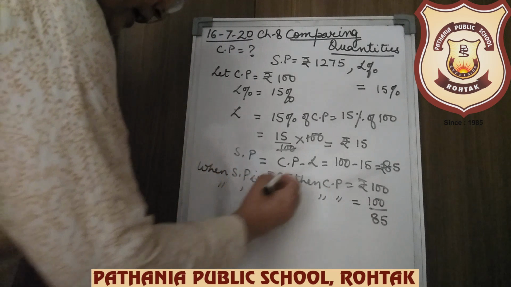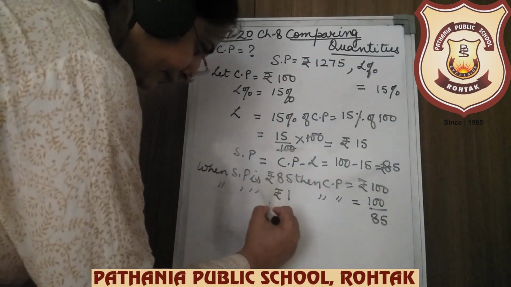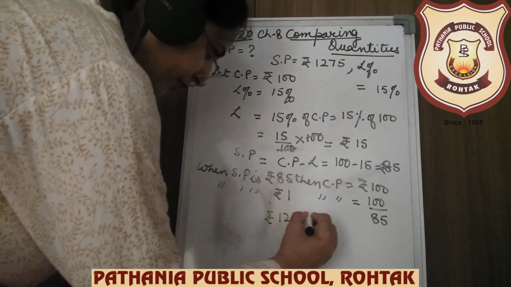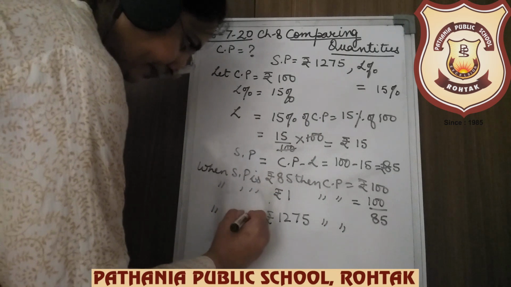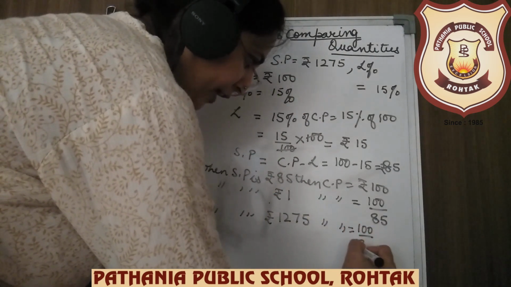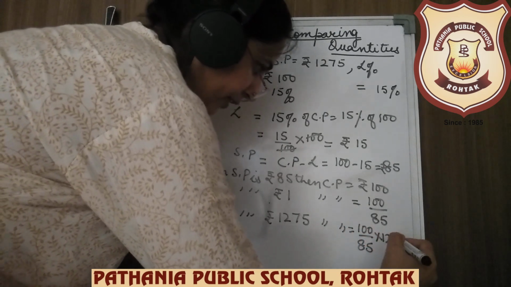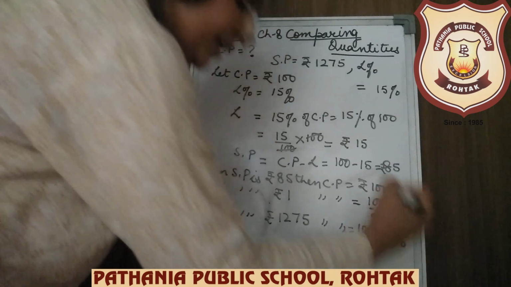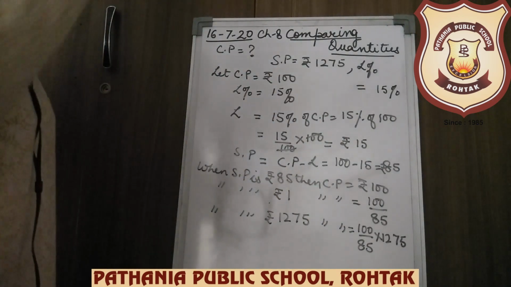Clear? Now you are given SP of rupees 1275, then CP is equal to 100 upon 85 into 1275. Is this clear?